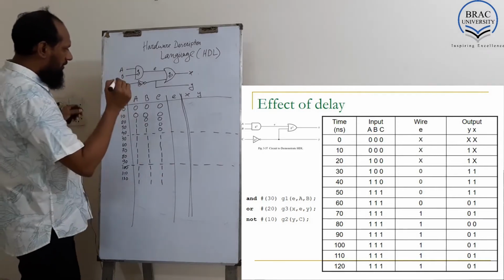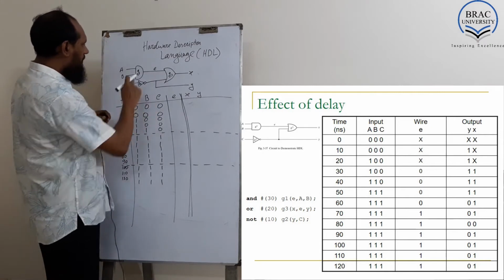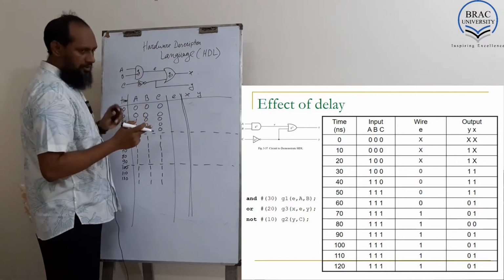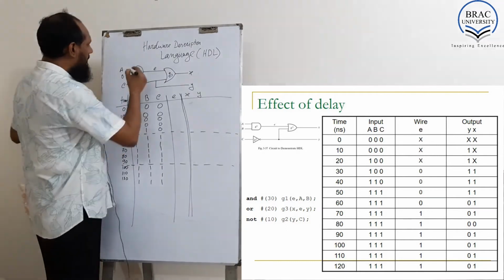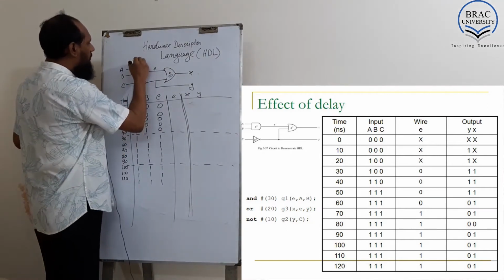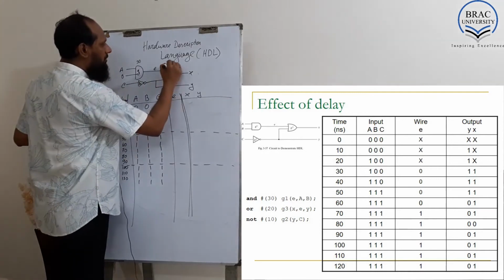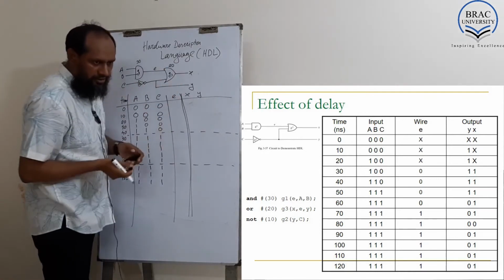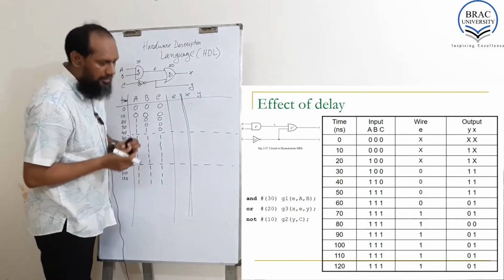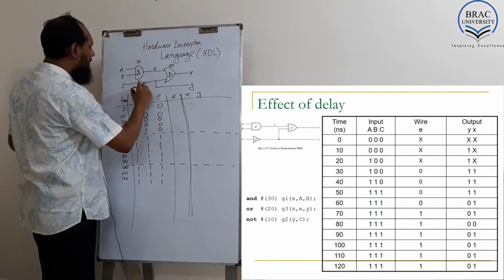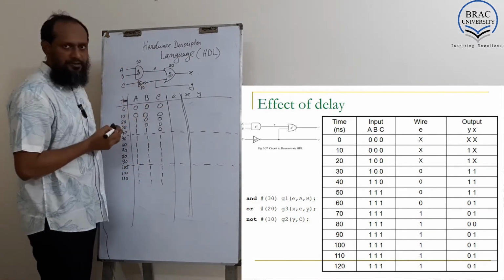Okay. So what would be the output? According to our program, the triggering time for G1 was 30. The triggering time for G3 was 20. Let me check it again. Yes. And for the NOT gate, it was 10 nanosecond.